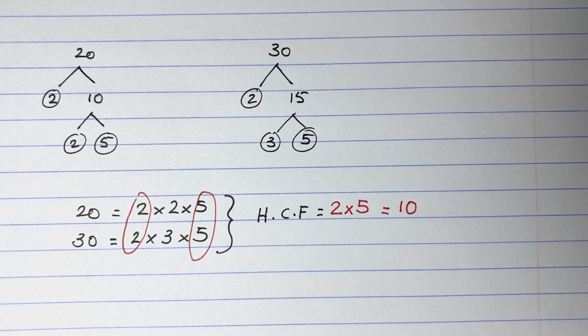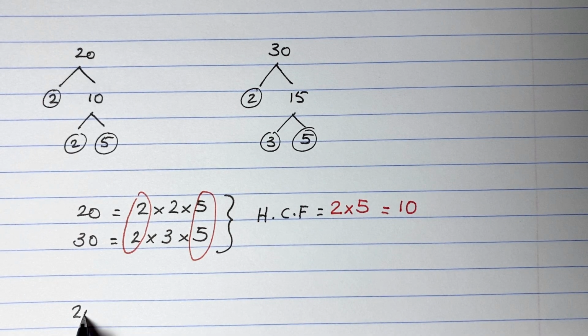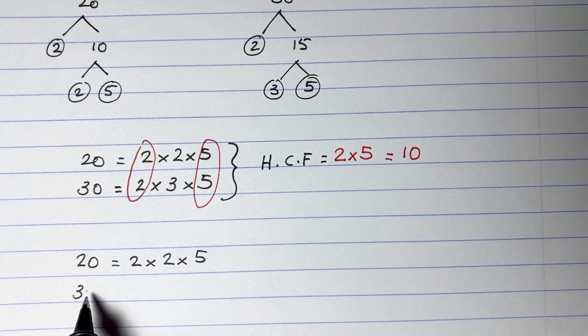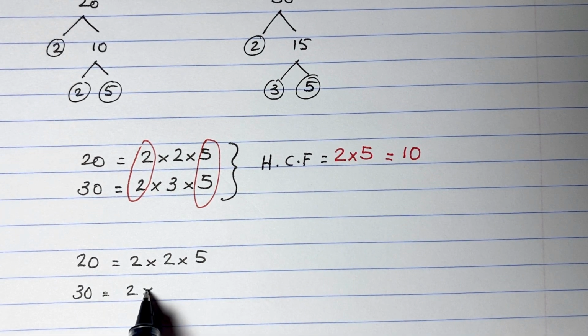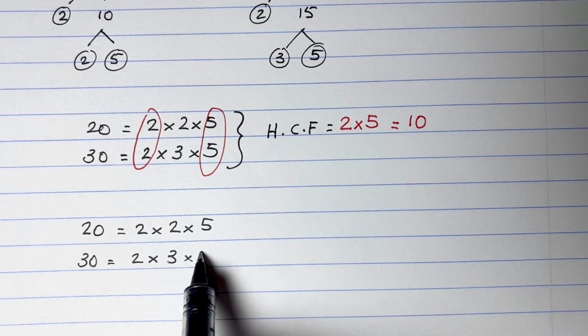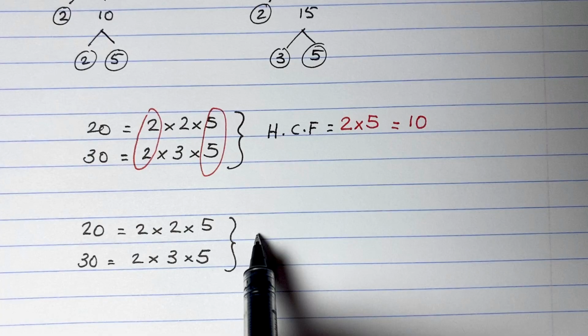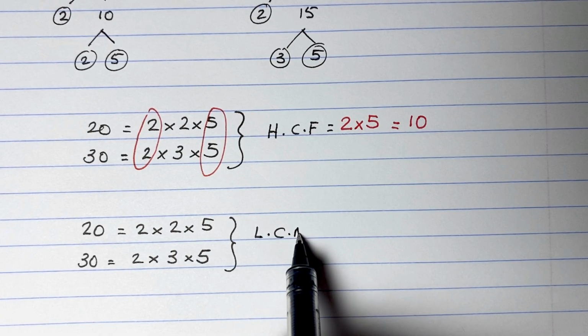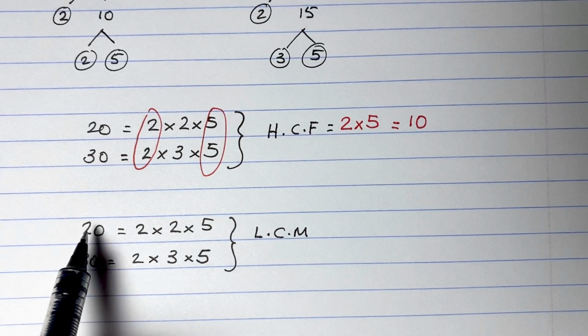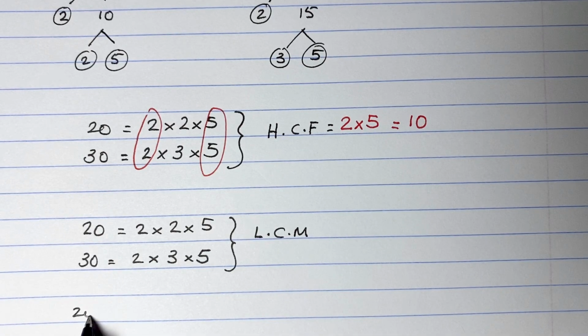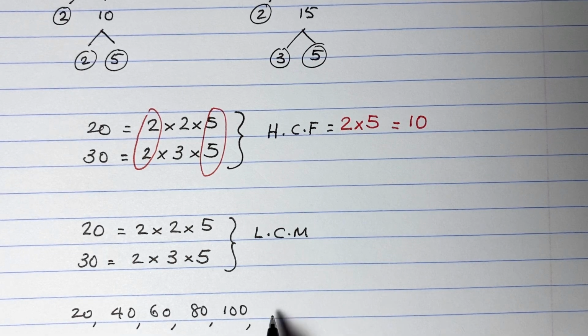Now, for the LCM, we need the same prime numbers which we decomposed. Here I want to find the LCM. That means if I write the multiples of 20: 20, 40, 60, 80, 100, and so on.